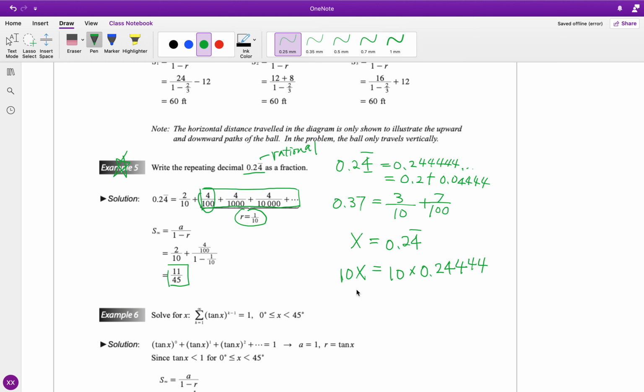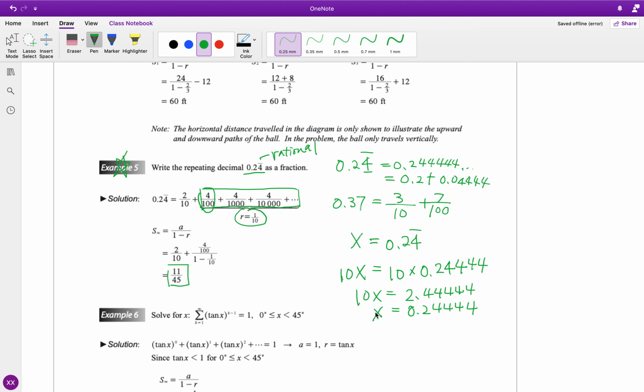So that means 10x also equals 2.4 and 4 and 4 and 4 forever going. And right from the beginning, my x was equal to 0.2, 4 and 4 and 4 and 4.